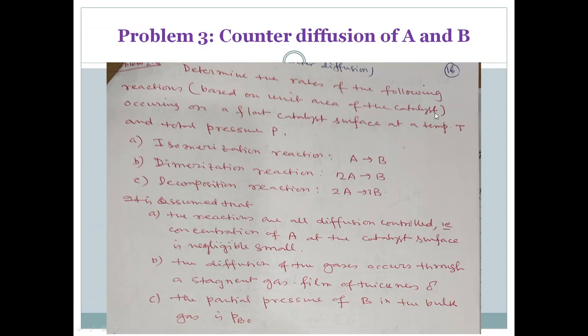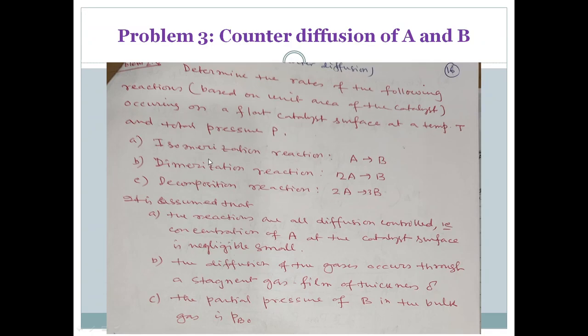Unit area means kilomoles per meter square second, that means it is nothing but a flux, occurring on a flat catalyst surface at a temperature T and total pressure.